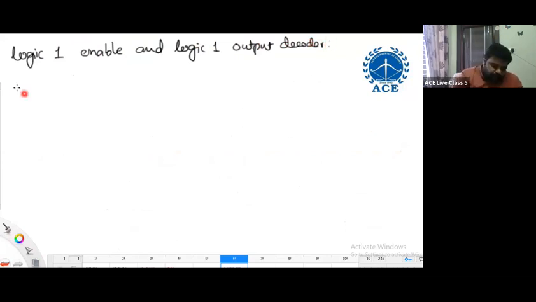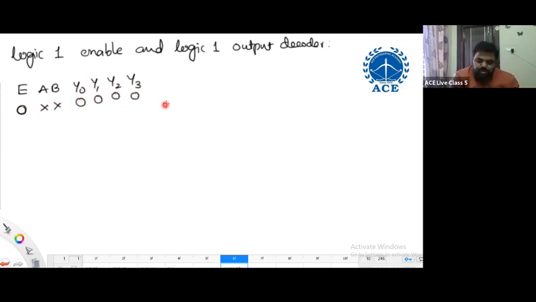What is the table? Same table I am writing once again: E, A, B, Y0, Y1, Y2, Y3. If E equals 0, disabling AB, all the outputs are zeros. Why are outputs zeros? It is a logic 1 output decoder. When a logic 1 output decoder is disabled, all the outputs are zeros.